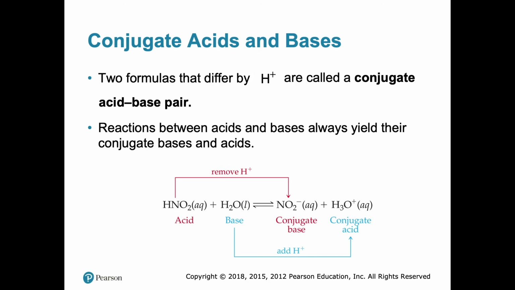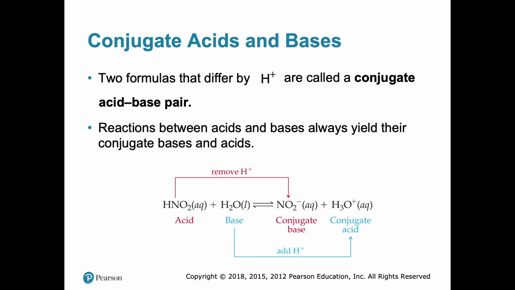The base here is water, and when water gets a proton donated to it, it becomes a conjugate acid. I cannot tell you how important it is for you to be able to tell the difference between the acid, the base, the conjugate acid, and the conjugate base. You have to know that difference. It is so important.